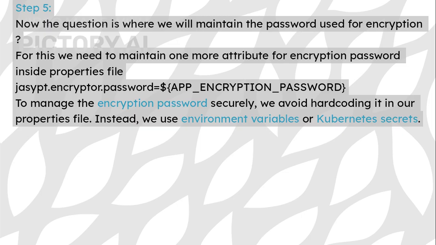We are going to store it somewhere else, like in our environment variable or Kubernetes secret. Like if you are deploying your application in Kubernetes, we will give you the example of how to store that master password in Kubernetes.